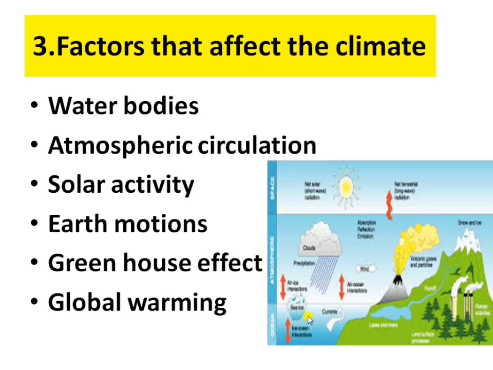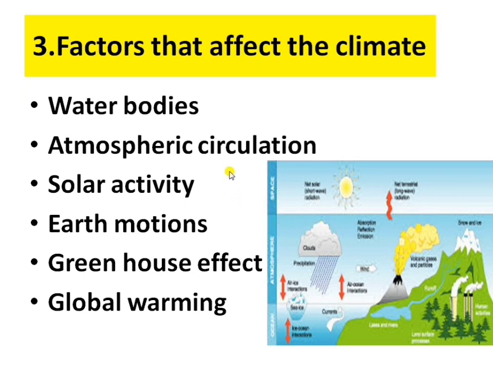The lakes and the ocean have an important effect on the temperature of an area, because the temperature of the water body influences the temperature of the air that is present in the atmosphere.